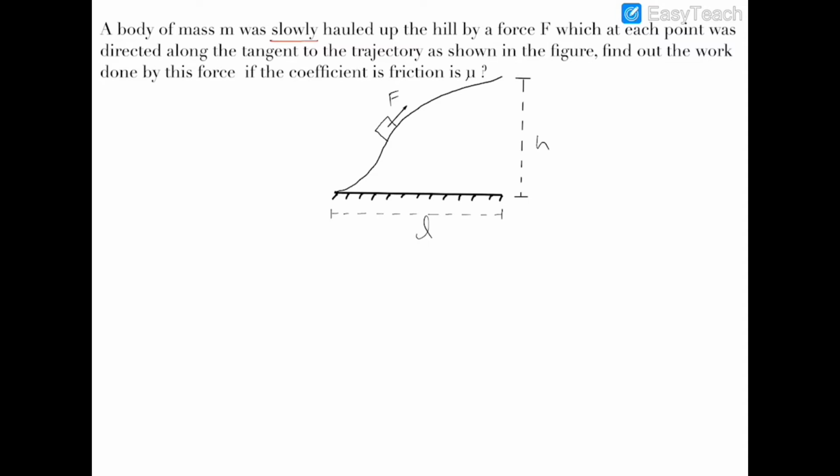We need to find the total work done by this force. The important word I have underlined is slowly, because slowly means that the net force on this block will be 0.